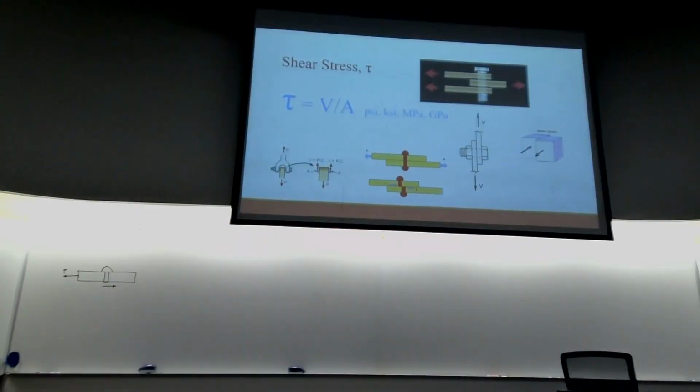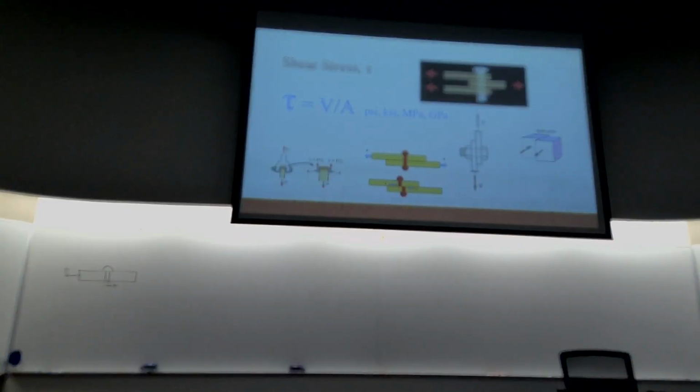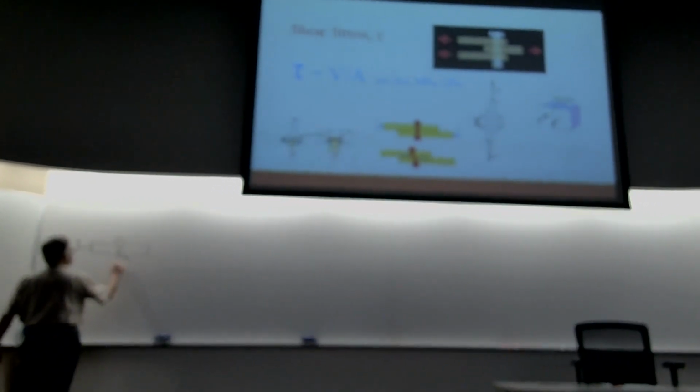That means we must have the same force here coming from the bottom half of that rivet. As you can see, that force is parallel to the cut we have made. Therefore, it's a shear force. And we use the symbol V for that. So that will be numerically equal to this force.